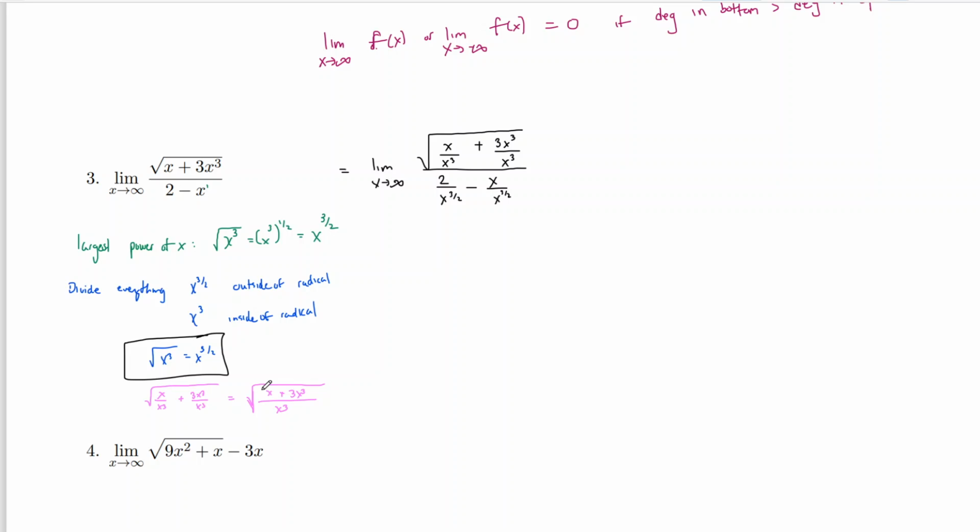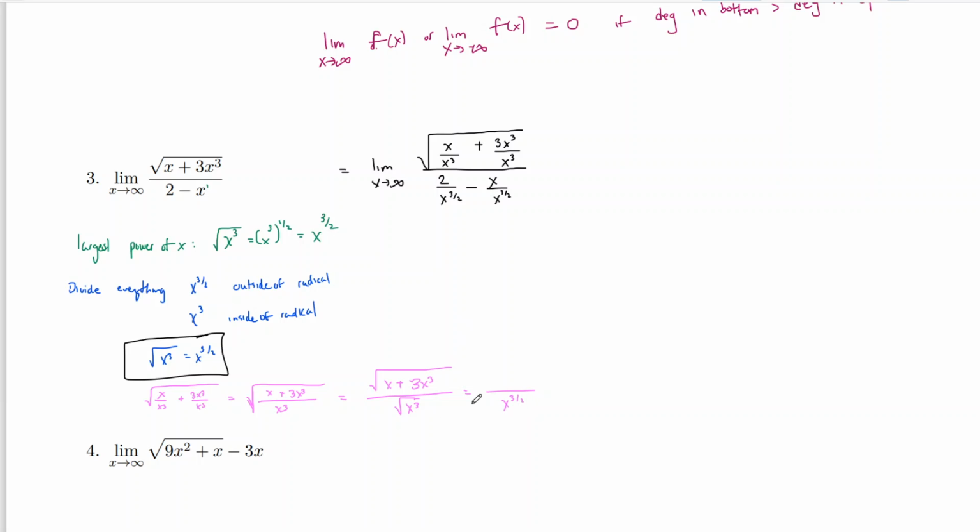Now this is in the radical. And then when we take it out of the radical, we know we have to do the square root of it. We can split up the radical, x plus 3x cubed over the square root of x cubed. And this is exactly x to the 3/2.